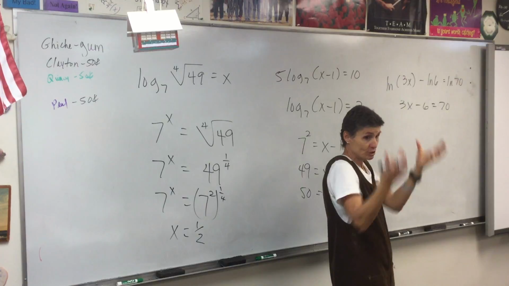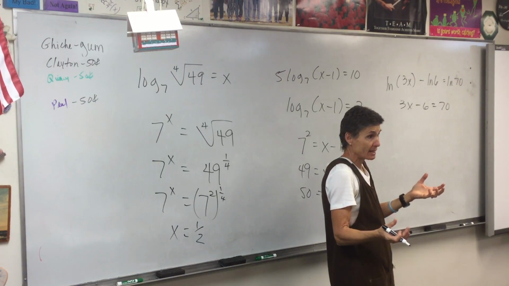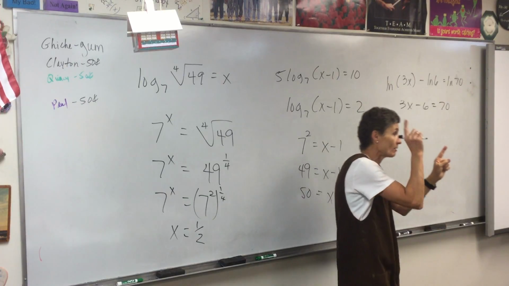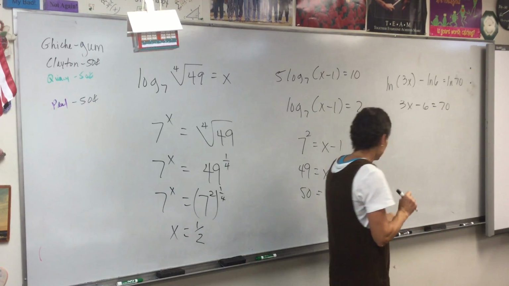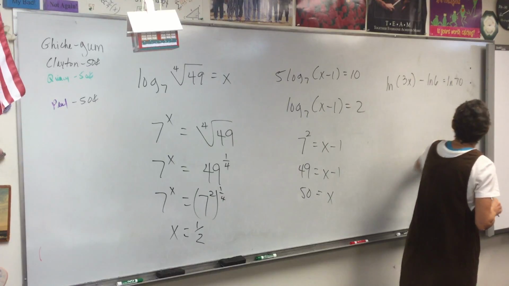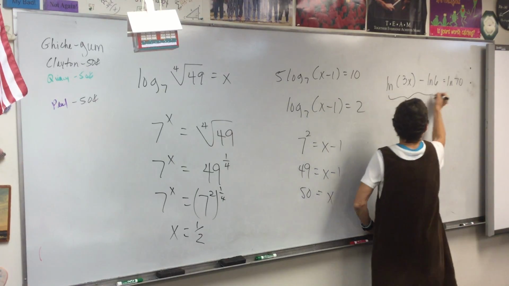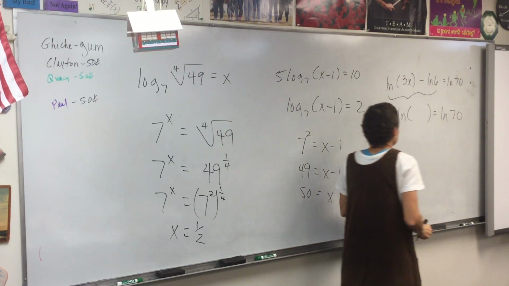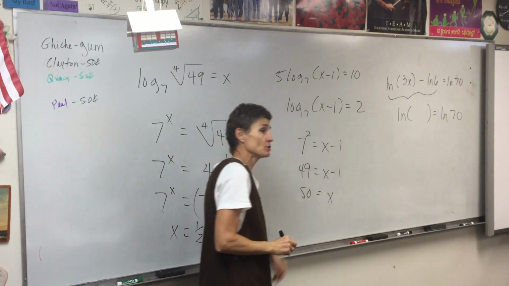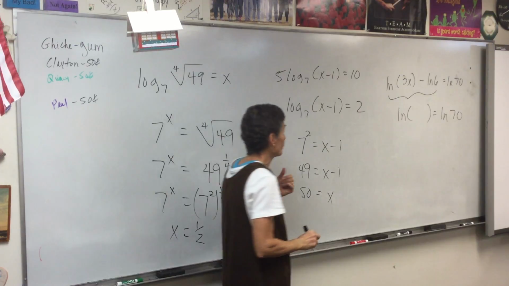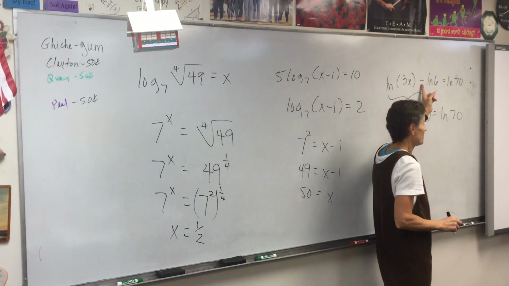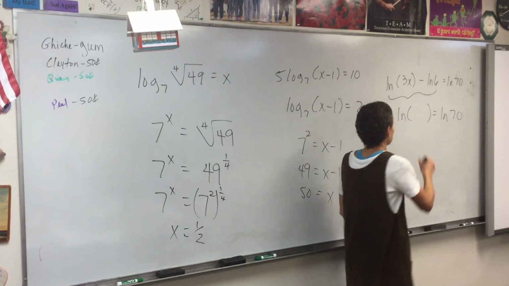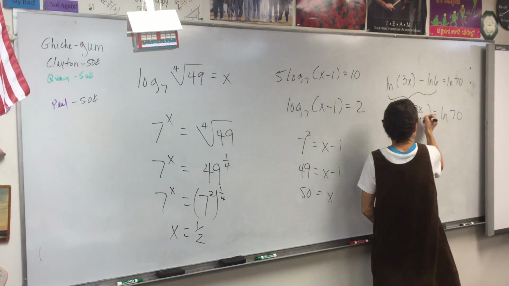You are allowed to drop the logarithms from both sides, but only when there's one here and one here. So the first thing you have to do is condense this into one logarithm. So when we put it together into one logarithm, it's going to go together as a division because of the subtraction. So it's going to be 3x over 6.